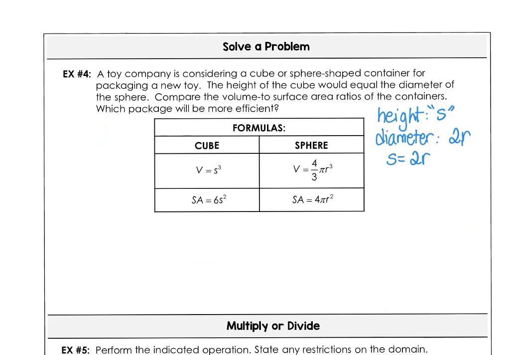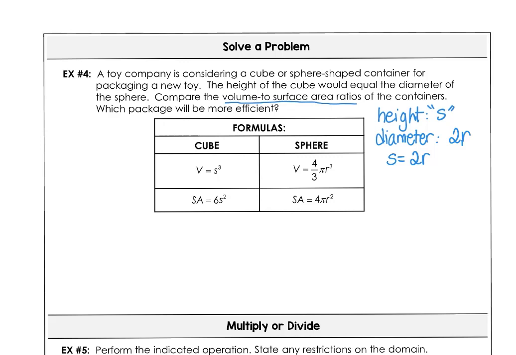Example 4 says a toy company is considering a cube or a sphere-shaped container for packaging a new toy. The height of the cube would equal the diameter of the sphere. And we want to compare the volume to the surface area ratios of the two containers to determine which package would be more efficient.